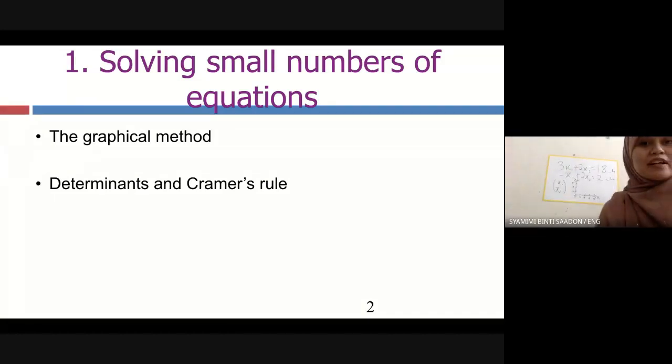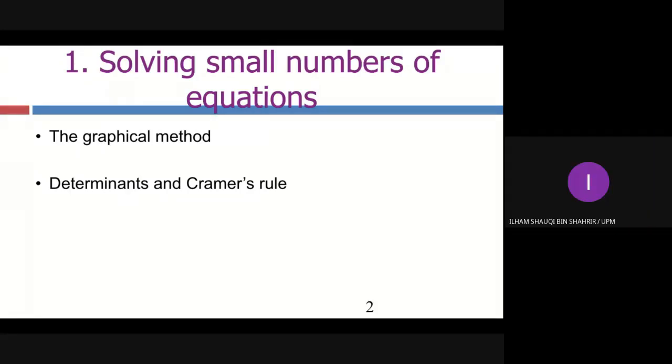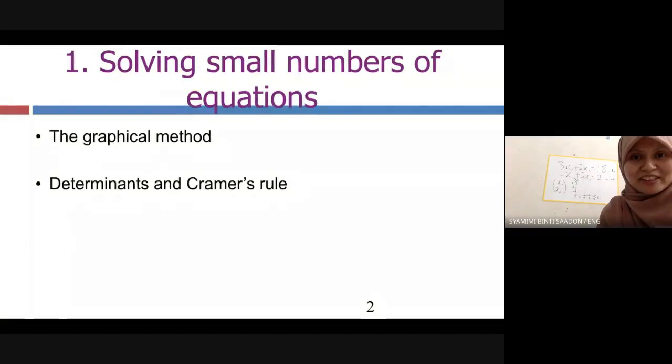If we use the first method, the graphical method, it means we sketch both of these linear equations on an x1, x2 axis graph and find the intersection of these two straight line equations. The intersection will be the answer for x1, x2. Okay, please mute if I don't call you.